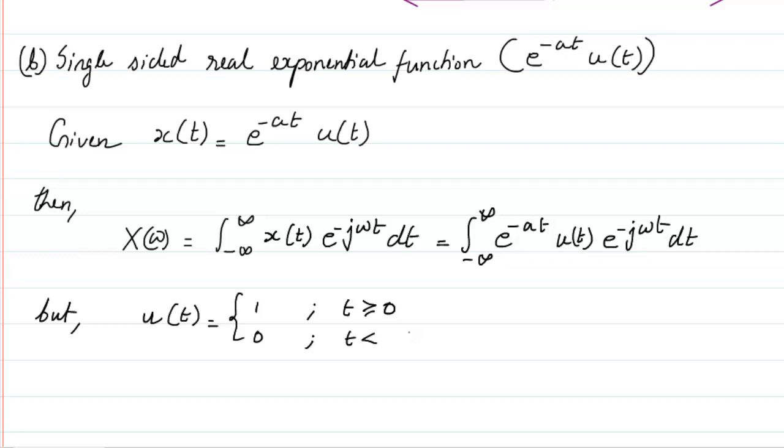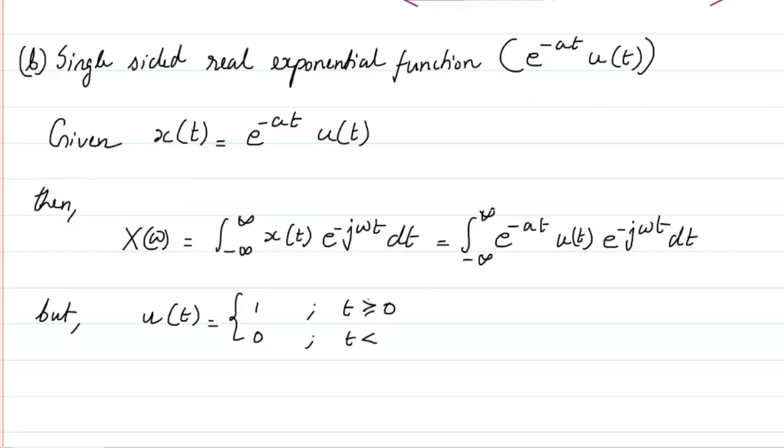Therefore, applying this principle, x of omega will now become, so minus infinity to infinity is there, whereas here instead of u of t I will substitute 1, but that is only for t greater than 0.